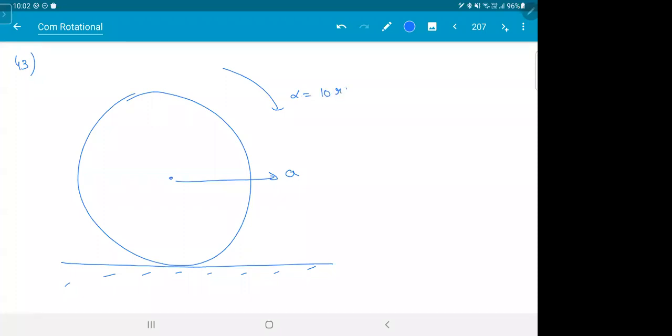So alpha is given as 10 radian per second squared. A is given as 10 meters per second squared. The radius is 1 meter. Omega is 0.